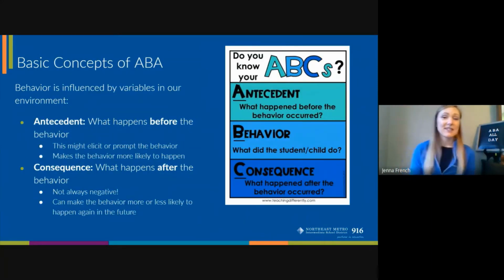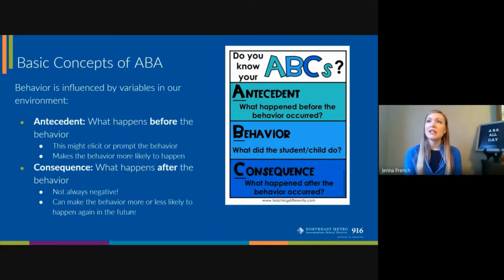So some other basic concepts of ABA. Behavior is influenced by variables in our environment. I talked about that a little bit previously, but here I'm going to go into a little bit more detail about antecedents and consequences. An antecedent is what happens before the behavior. It might elicit or prompt the behavior, and it makes the behavior more likely to occur. The consequence is what happens after the behavior.